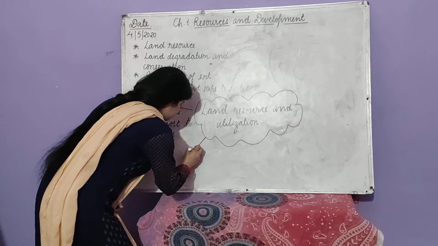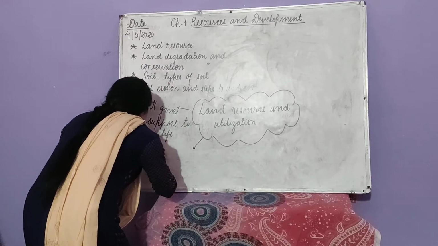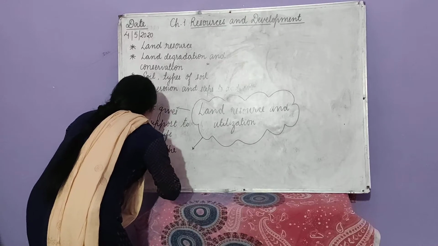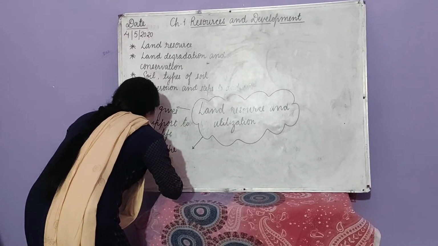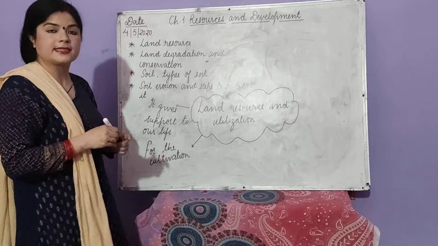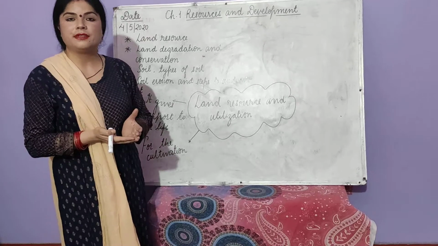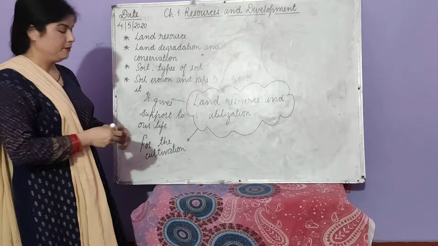Second, for cultivation. As we have already discussed here, if we need to do agricultural activities, we need land.